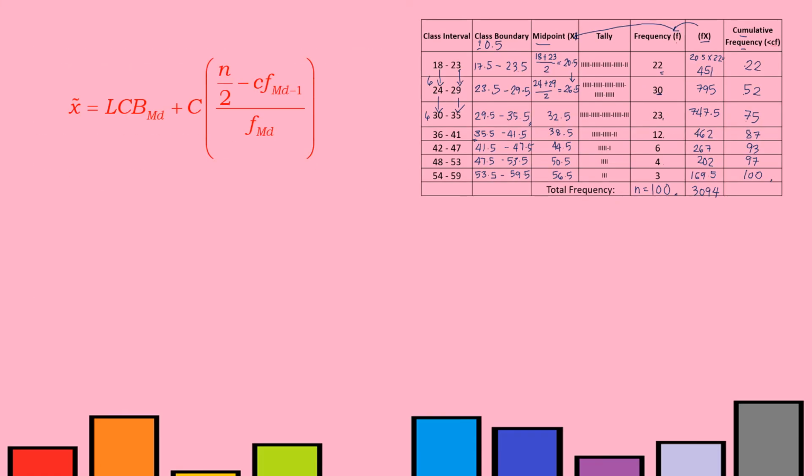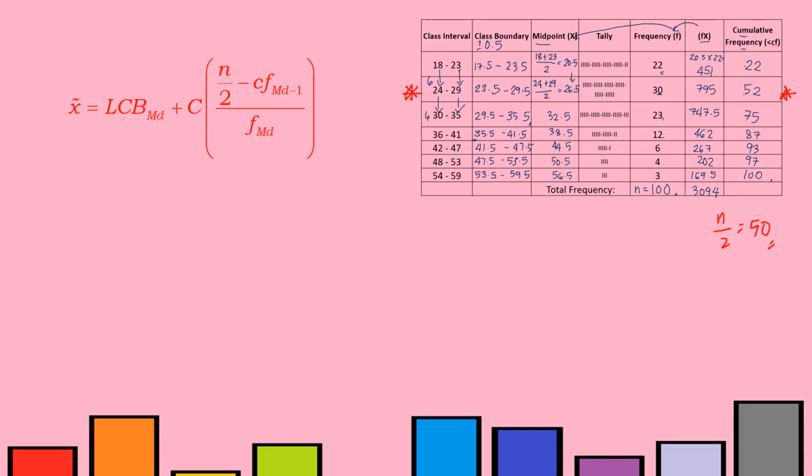Let's go back to the table. So this is our table, right? Earlier, we had n divided by 2, which is 50. This is the first step. We are going to locate the 50. Since 50 is in between 22 and 52, this part is the median class of this frequency distribution.